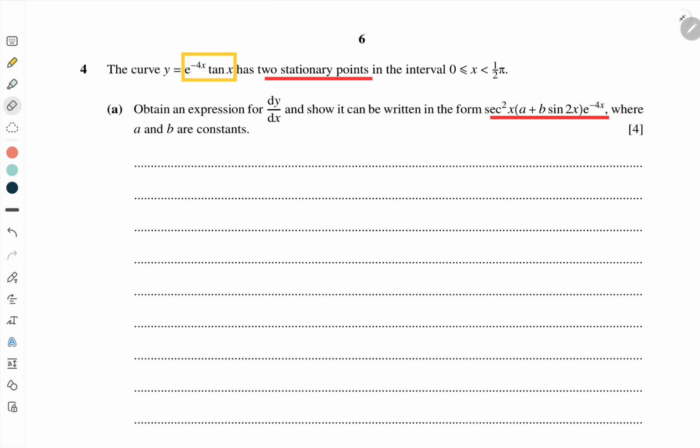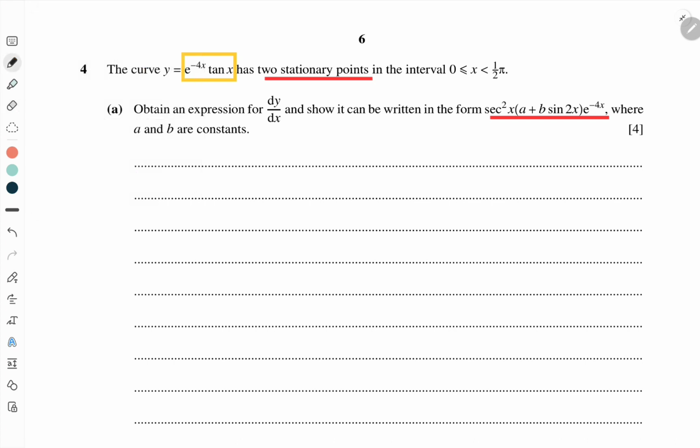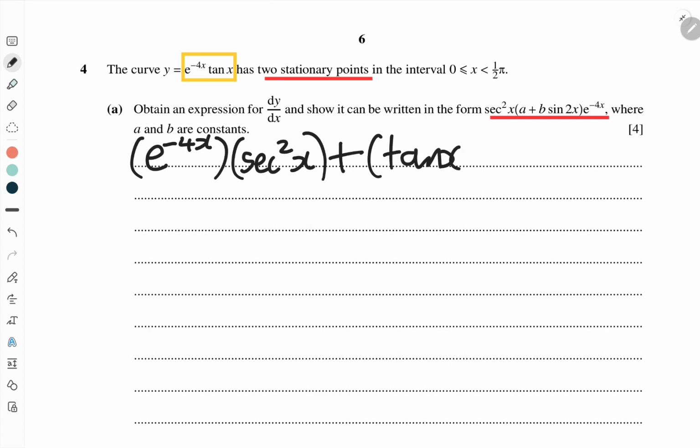So it's a product, as we can see. So this is going to be e to the negative 4x multiplied by the derivative of tan x, which is sec squared x, plus tan x multiplied by the derivative of e to the negative 4x. How do we differentiate e to the negative 4x? We differentiate the power, it gives us a negative 4. We rewrite the e as it is, like that.